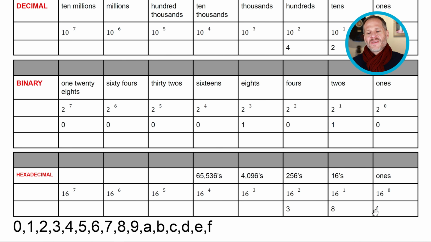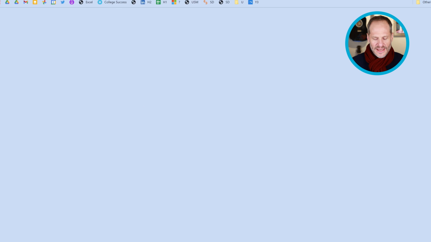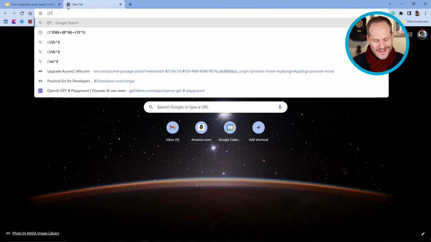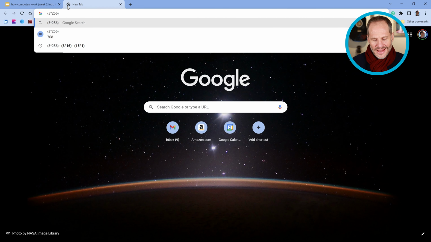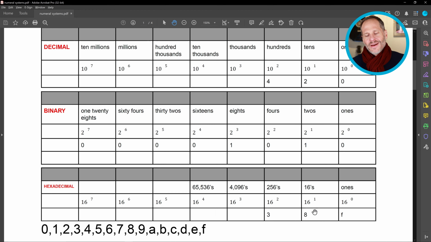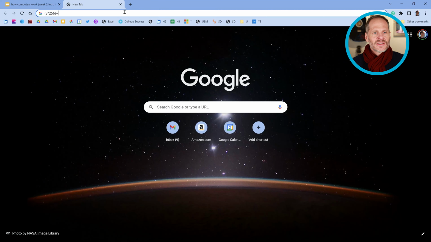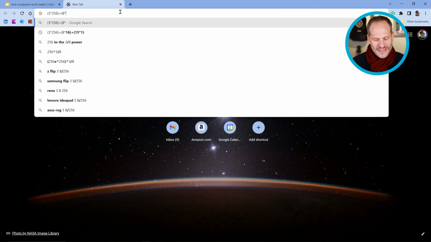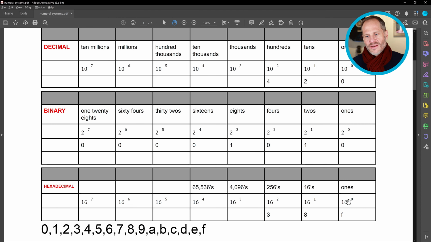And then 38F here, that translates to: we have 3 256s, right? So let's do this here: 3 times 256, and we're going to add to that 8 sixteens, so 8 times 16, and then we have F ones, and F is 15, because this is the first place.